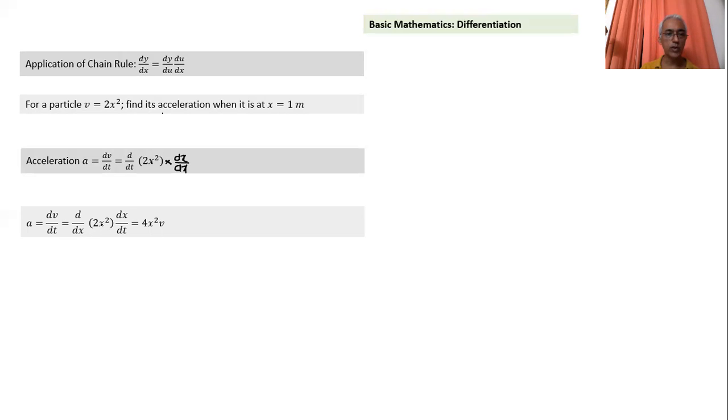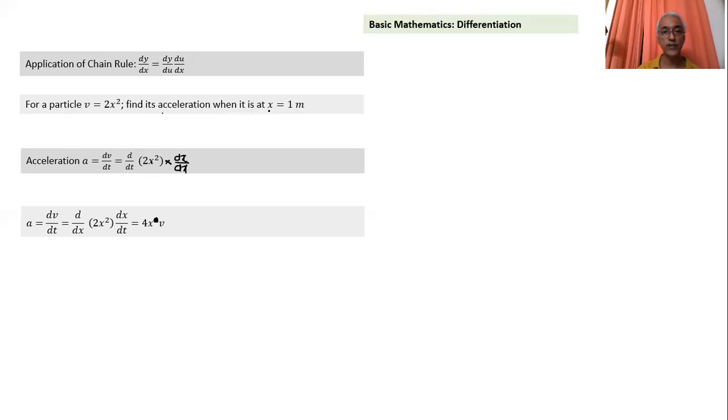The derivative of 2x squared is 4x, into what is dx by dt? dx by dt is nothing but velocity. So it is 4xv, which is the acceleration.